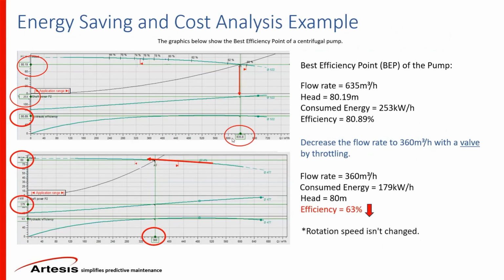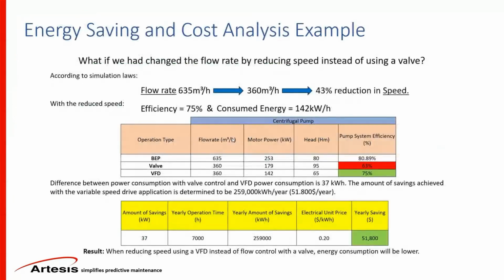But the head will remain the same here, and the efficiency of the pump will reduce from 80% to 63%. So there's a 17% loss there. And of course, remember that we haven't changed the speed. And when we turn these into useful numbers, you can see that if we were to do speed control instead of throttling, you would have reduced the efficiency from 80% to 75%.